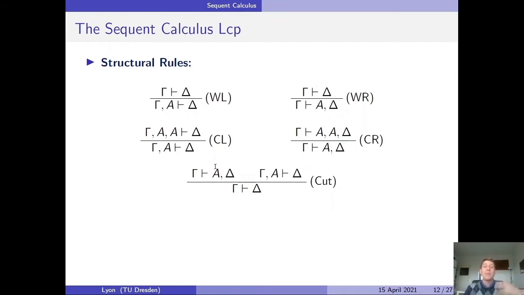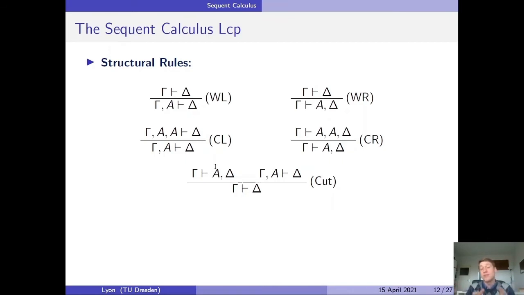So it's temporarily helpful. You add it to your calculus, show the calculus is complete, and then after that, you do what's called cut elimination. I'm not going to give a proof of this today because it's very complex and there's not enough time. But essentially, cut elimination shows that anything derivable with cut in your proof system is derivable without it, which means that if you remove the cut rule from your system, this doesn't change what can be derived.